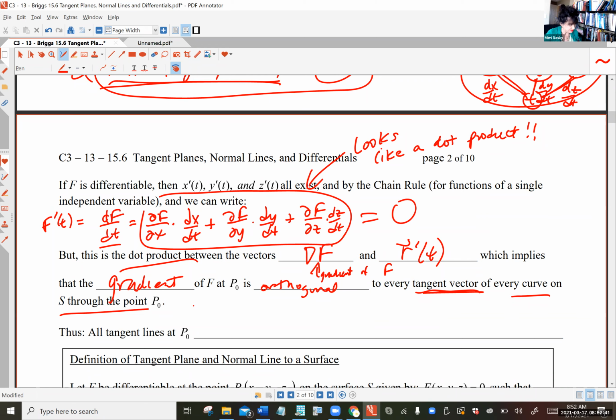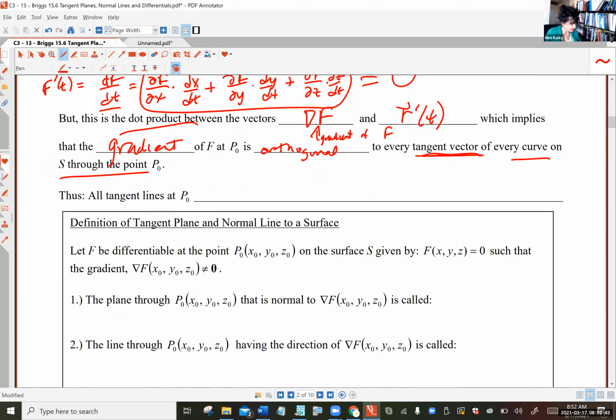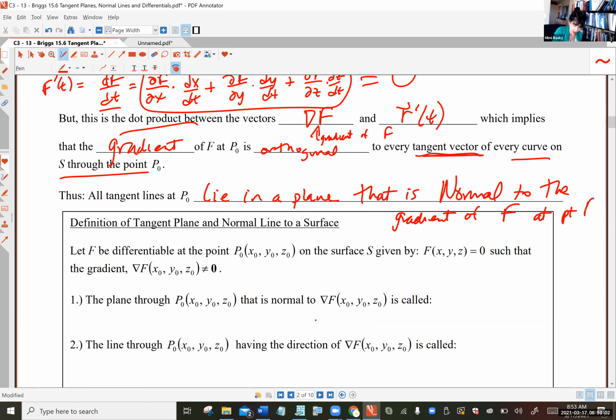Cool. That's awesome. So all the tangent lines at P naught lie in a plane that is normal to the gradient of big F at the point P naught.